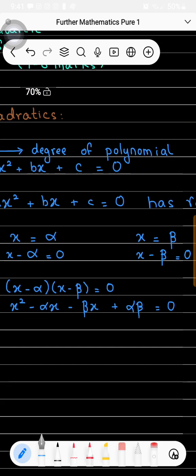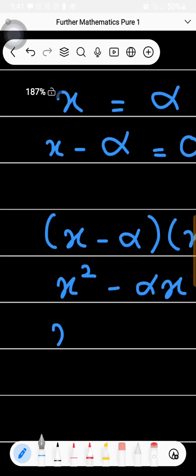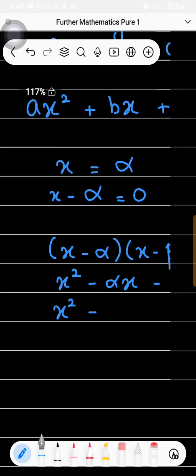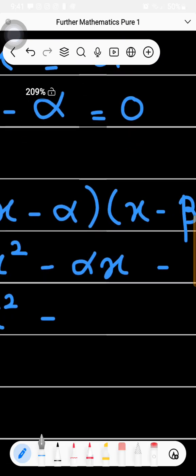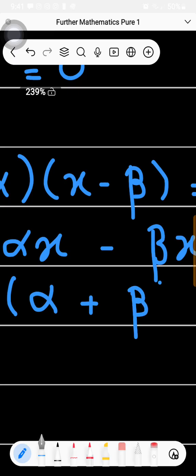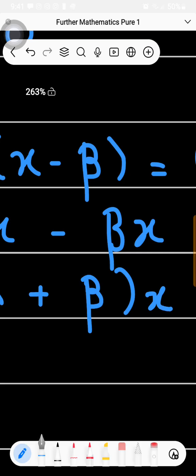Just we expanded this. Then we will write it like x square minus, taking minus common, alpha plus beta x plus alpha beta.